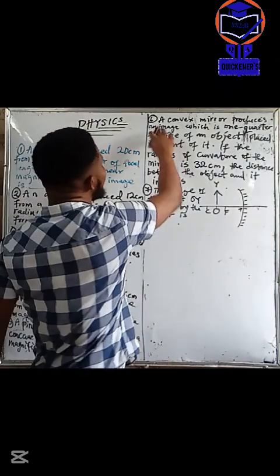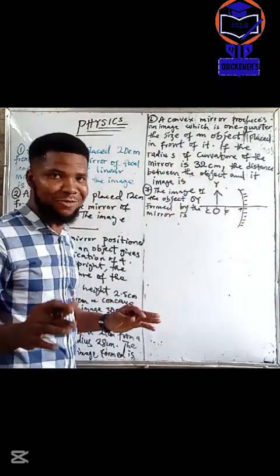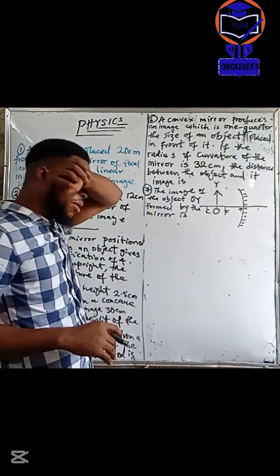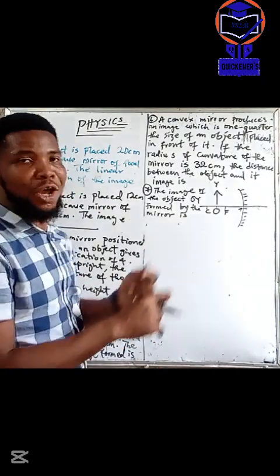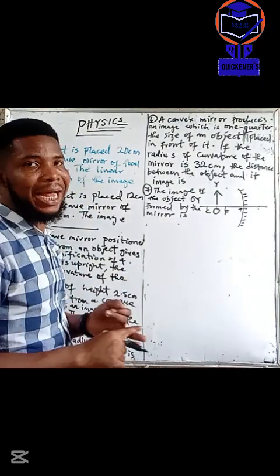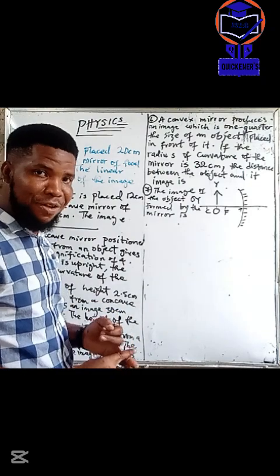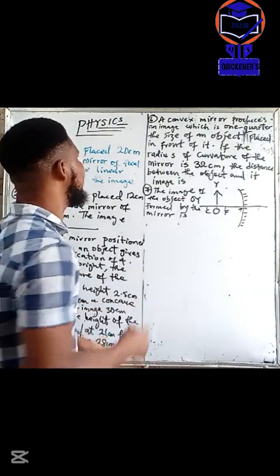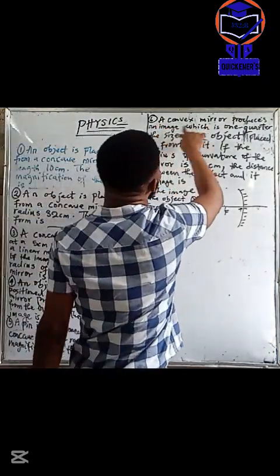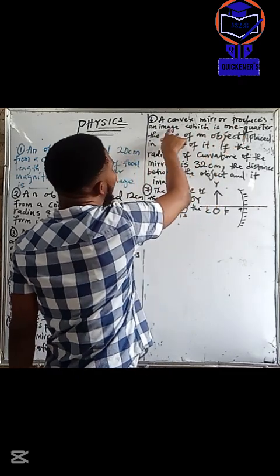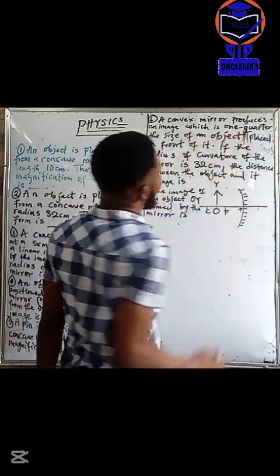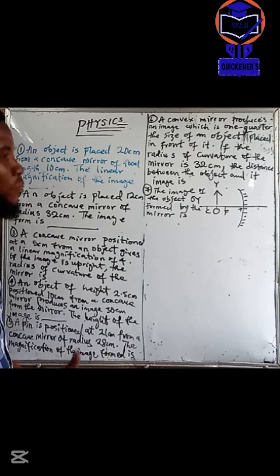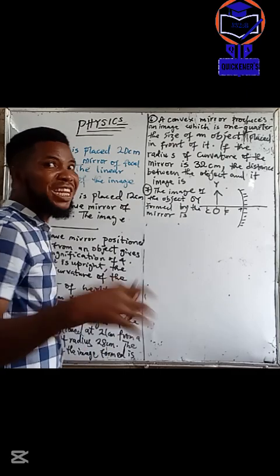So number 6, this is a convex mirror, very interesting. Remember when we talk about a convex mirror, your image is negative and your f is negative. Those two are negative. So a convex mirror produces an image which is 1/4 the size of an object. That is the magnification.